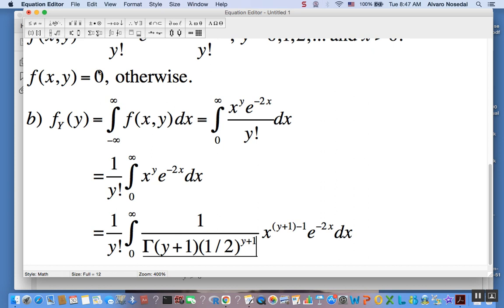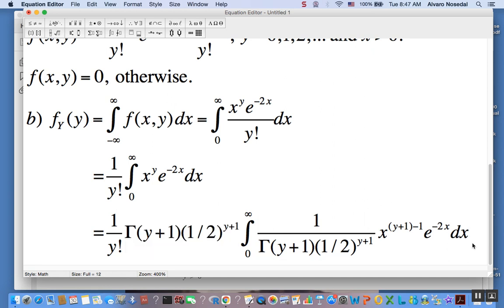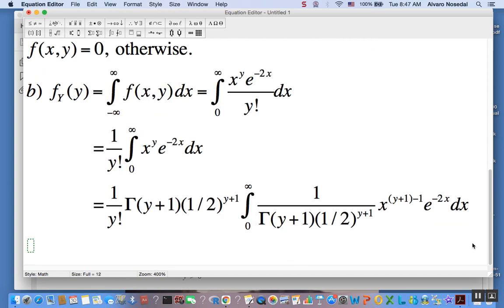Okay, now this is a constant, but I'm dividing by something here inside that integral. So in order to make it legal, I will be multiplying by this guy outside that integral. So that would be just multiplying by a 1, and that would be something legal, right? Not doing anything illegal. There's nothing wrong with multiplying by a 1.